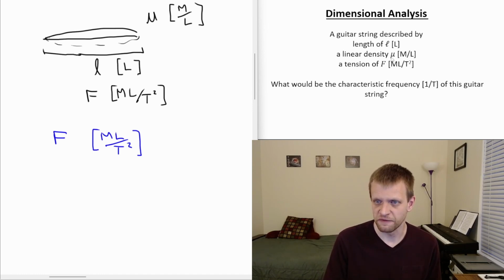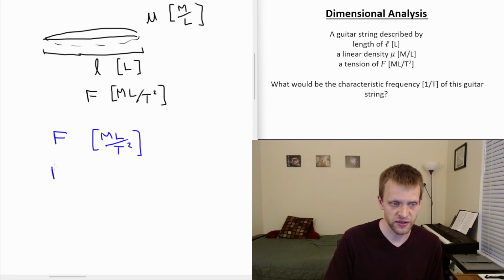So if I divide by this linear density, those masses are going to cancel out. Let's look at the tension force divided by that linear density. The units associated with that are mass times length over time squared, divided by this linear density.